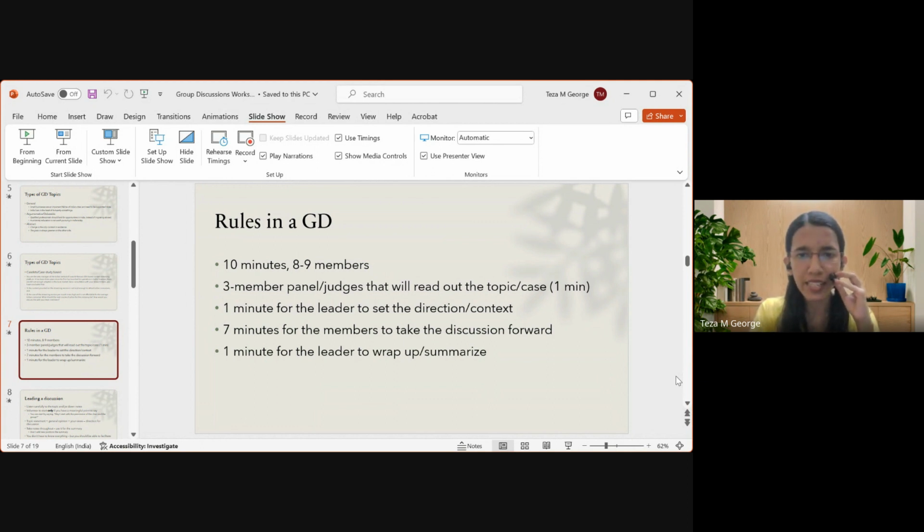That would ideally be something like 1 minute per member, right? 1 minute will then be given to the leader to wrap up or summarize the discussion that just happened. Now, if you are leading the discussion, you will need to speak before your team speaks and once after your team speaks. If, on the other hand, you are participating, then you will need to speak once, right?